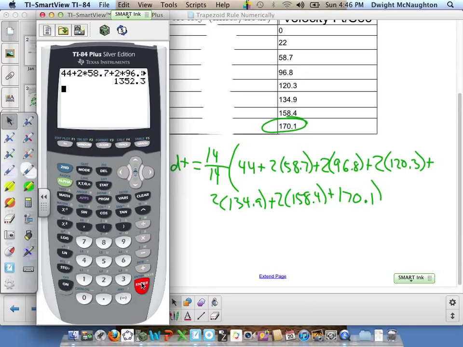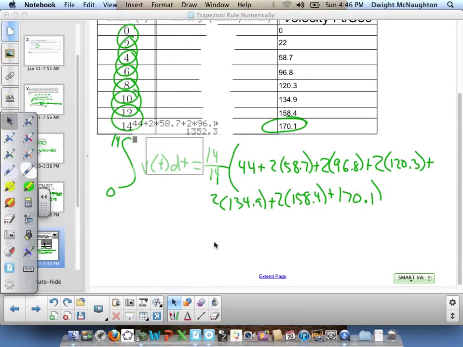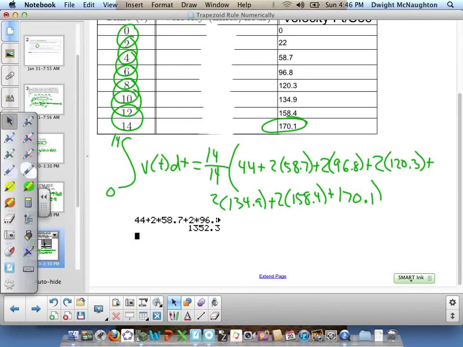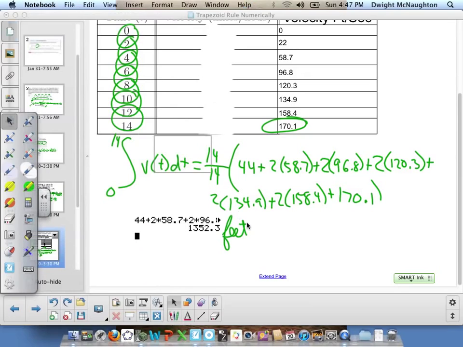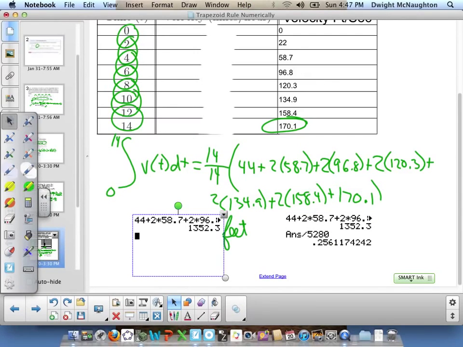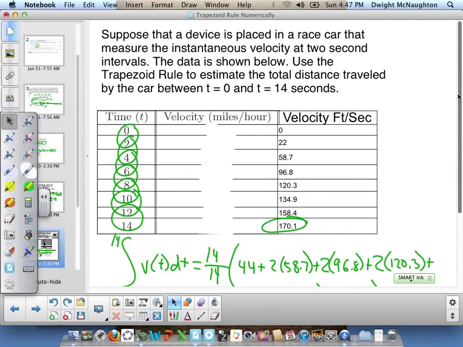And that race car has traveled 1,352.3 feet. And if you want miles, divide by 5,280. And we can see it's gone about a quarter mile. Really? 14 seconds? That's because of the slow acceleration.